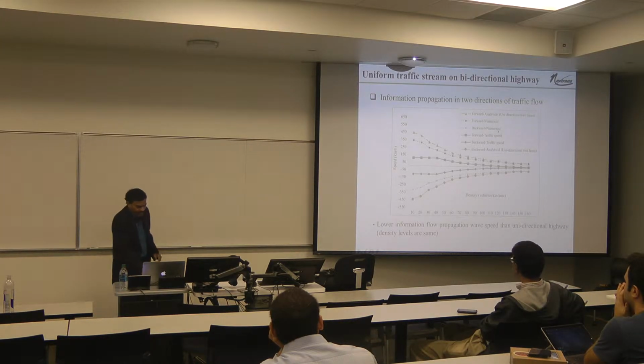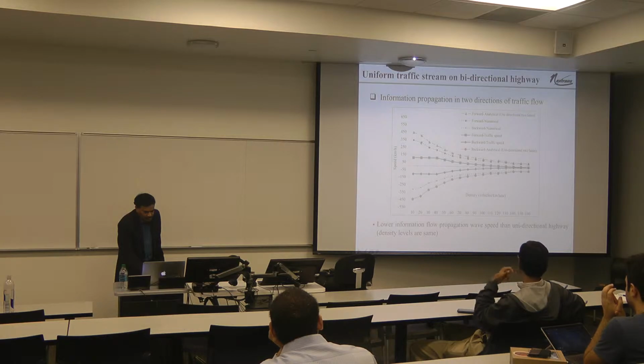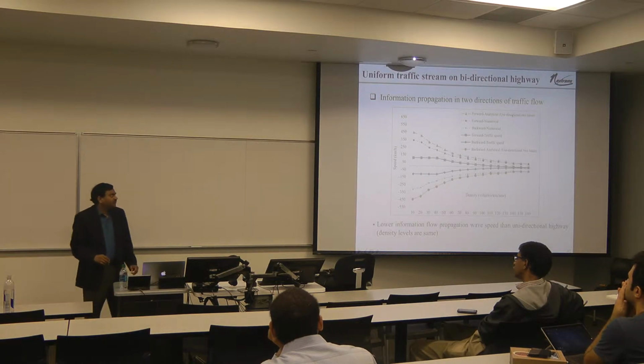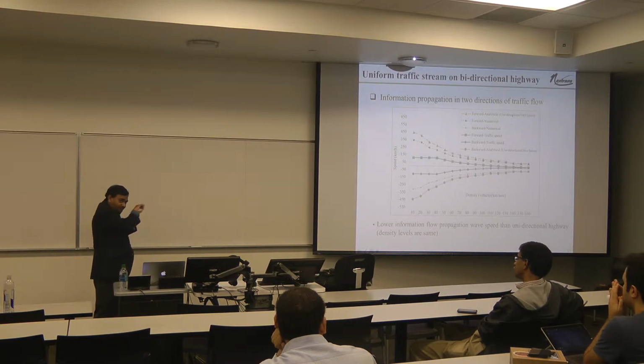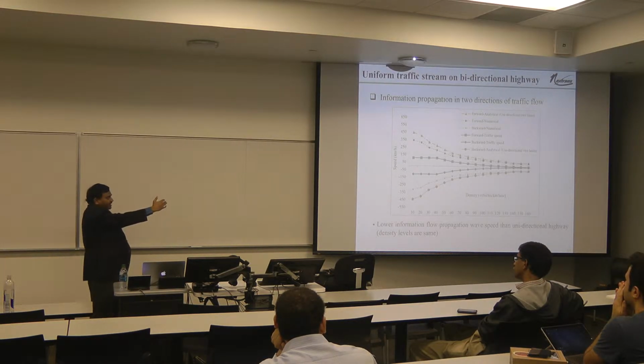Here you'll see the traffic speeds in both forward and backward propagating waves. But if you look at the performance of the forward and the backward, you'll see that the speeds are less than the unidirectional one. That's not surprising, because in the unidirectional case, you have only one direction of traffic flow, and information is propagating in both directions.